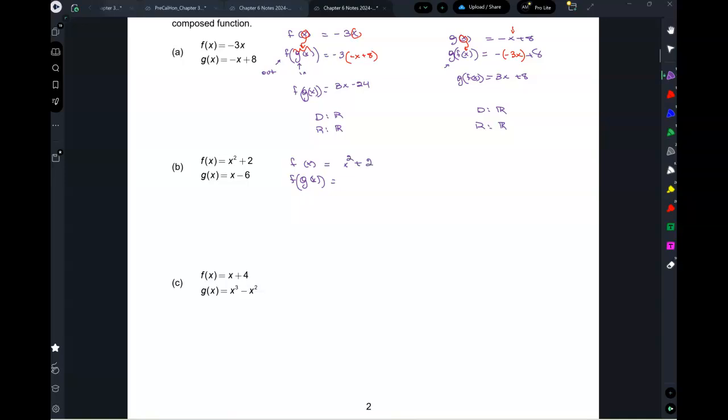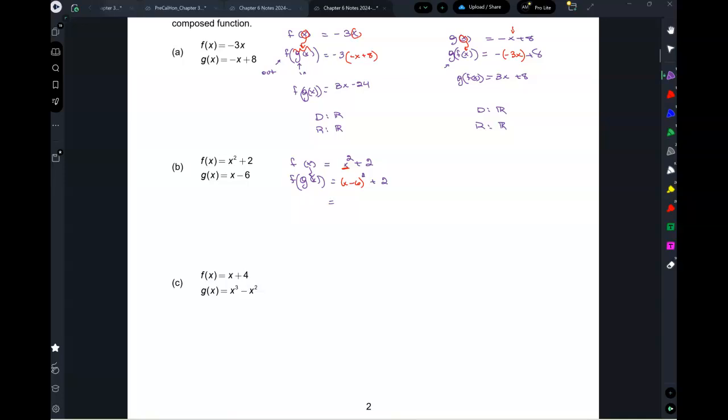So now x is going to be replaced by g of x. X minus 6 squared plus 2. Okay, so I replaced it. I did the replacement. Now I just have to simplify.